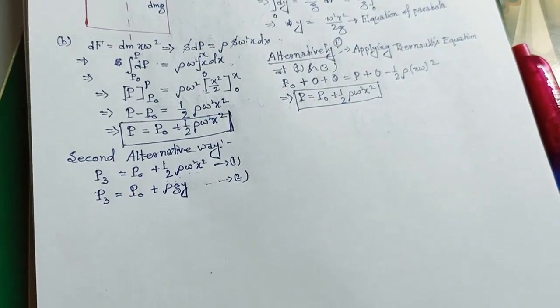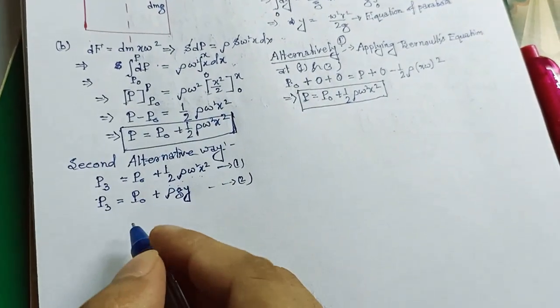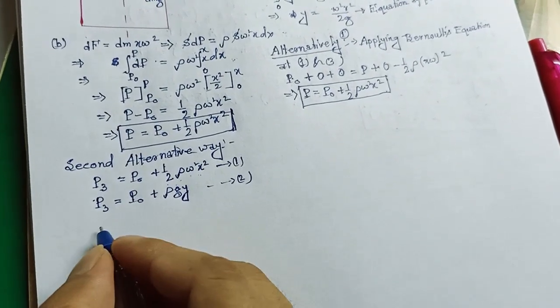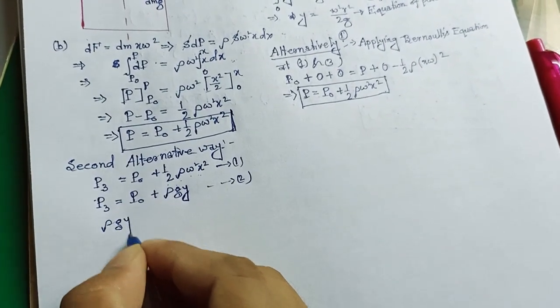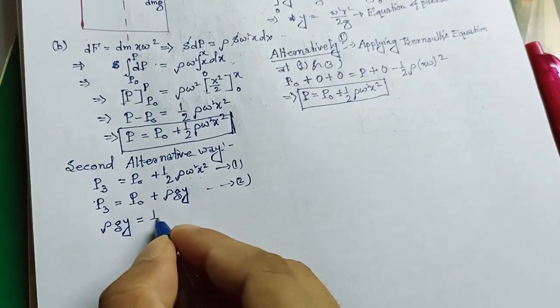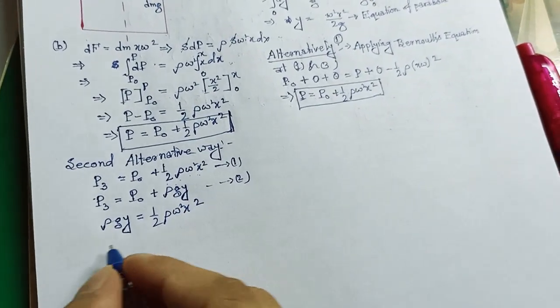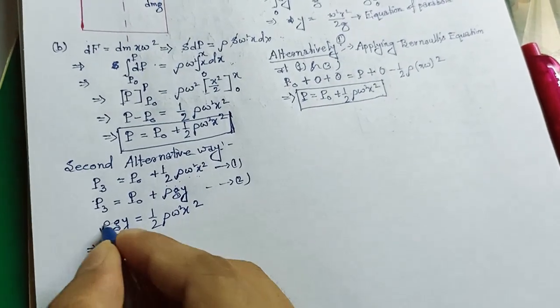So from these two equations, if we equate them, then we can easily find rho g y will be equal to half rho omega square x square, or we can cancel rho from each side.